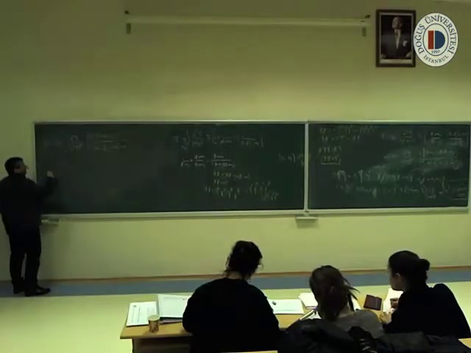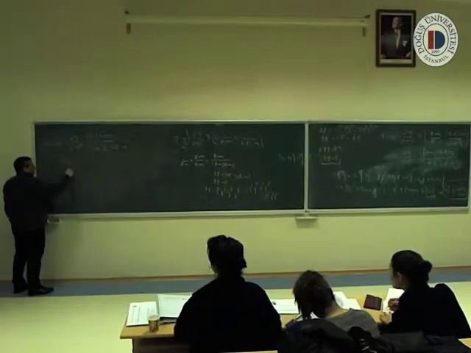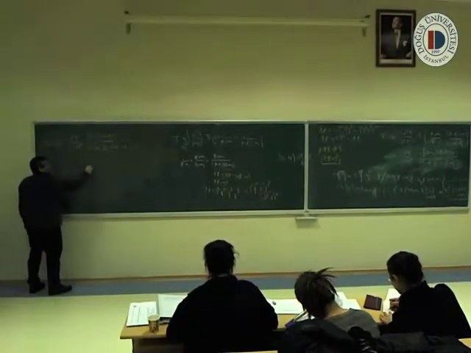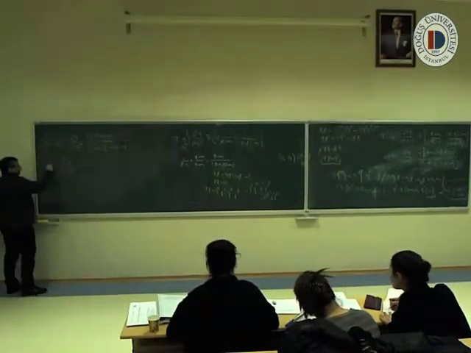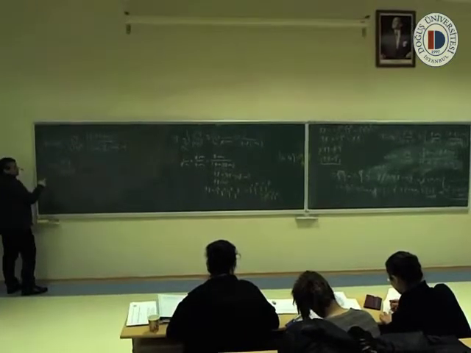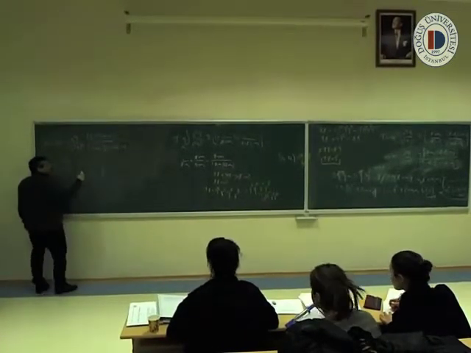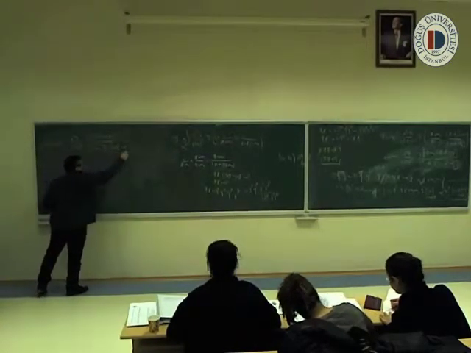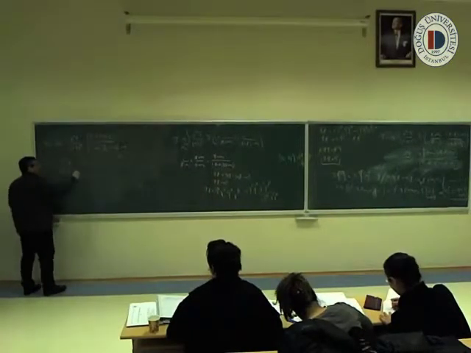One kind is d4q over (2 pi)^4 1 over this part. I can write m1 m2 outside, and 1 over this quantity, here let's call it a and this part b, so we have 1 over ab.